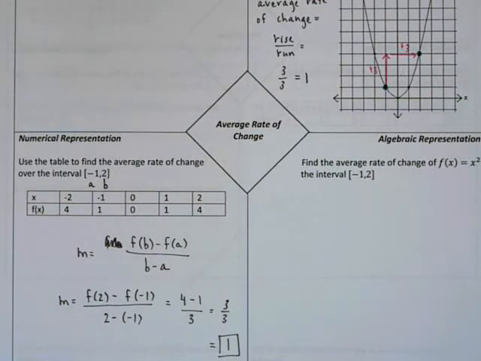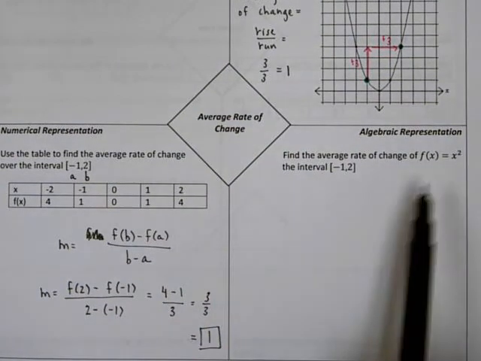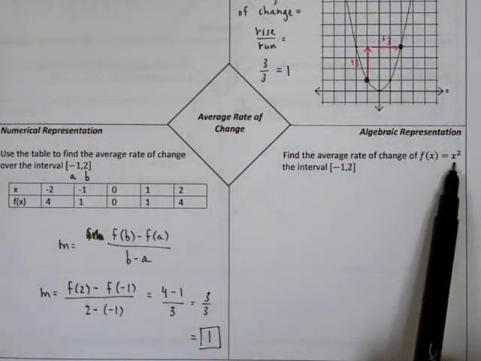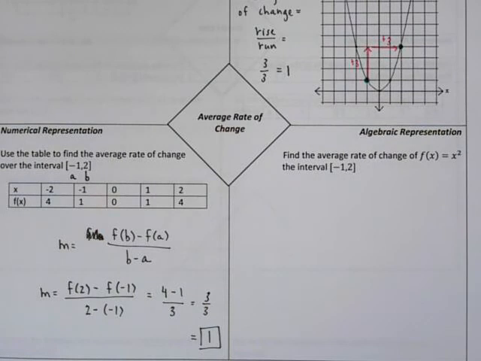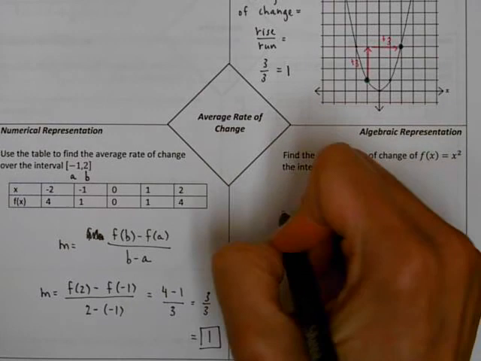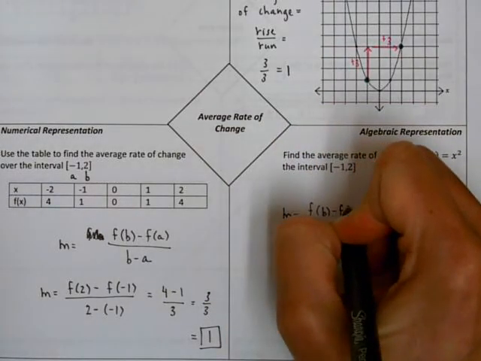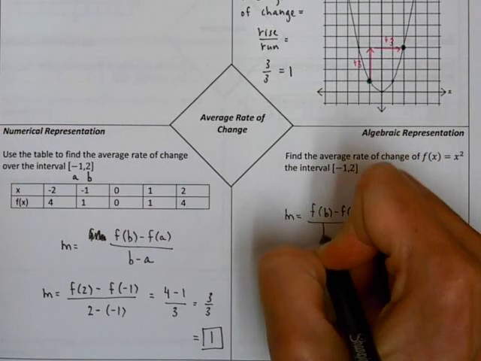All right, so now the last way we could be asked to find the average rate of change is if we're given the actual function itself and the interval. This is going to function a lot like what we just did. We're still finding that slope using f of b minus f of a over b minus a.